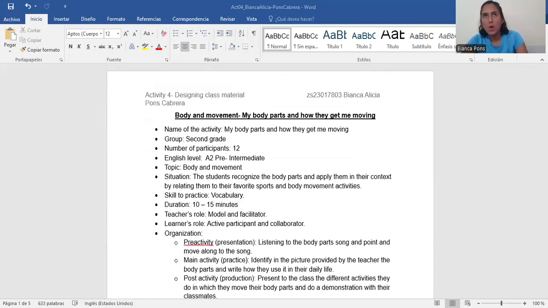So maybe they know that these are the eyes, but they don't know that these are the brows. So maybe I won't touch that much on eyes. Maybe I'll move to something more advanced that they know, or maybe they're all at the same level, so I'll adapt that.